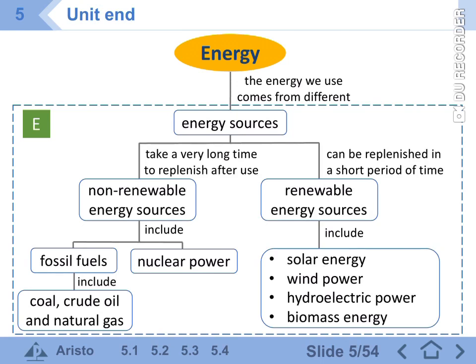Also under non-renewable, we have nuclear energy, and we talked about some examples of nuclear accidents. It's something you need to be aware of.